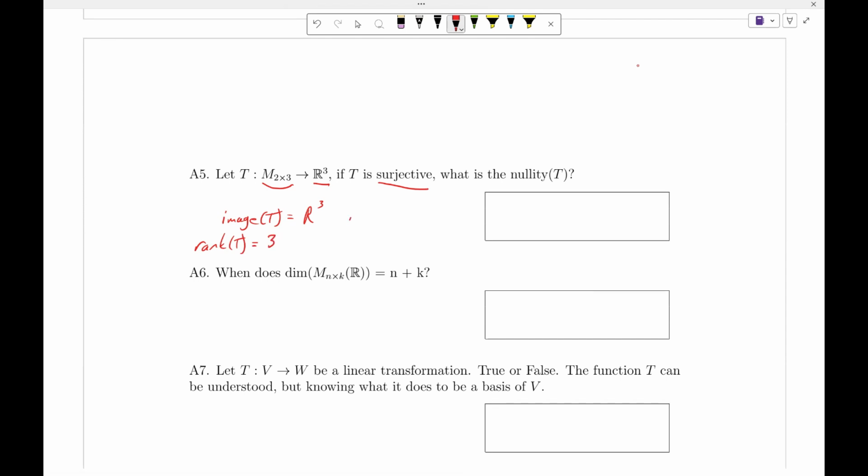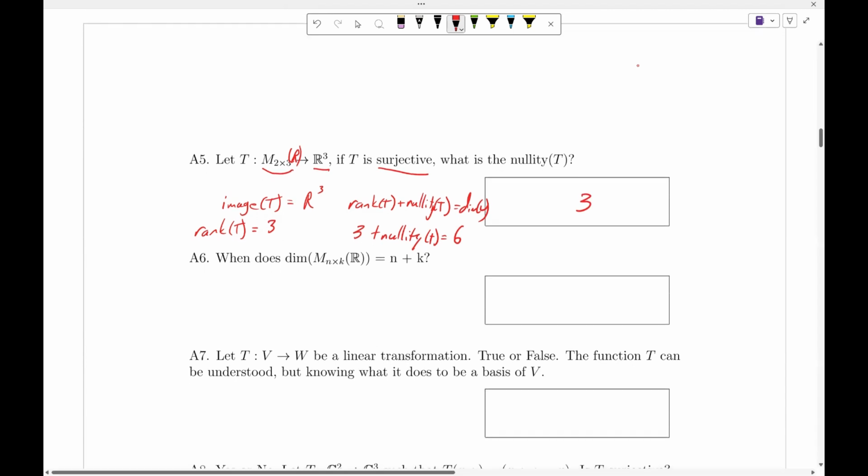Now, using rank nullity, rank of T plus nullity of T is equal to the dimension of V. So 3 plus the nullity of T equals, and here it's the set of 3 by 2 real matrices, which has dimension 6. So here the nullity is going to be 3.